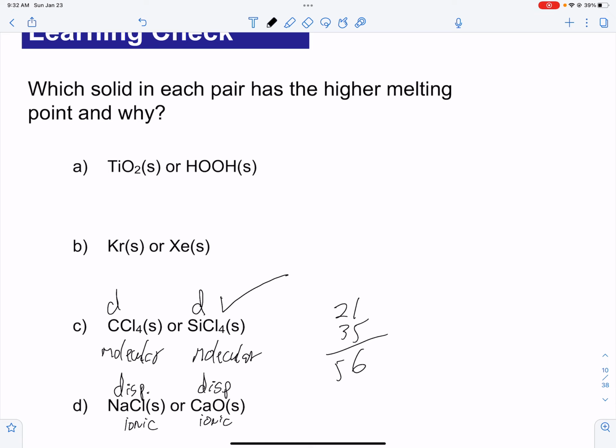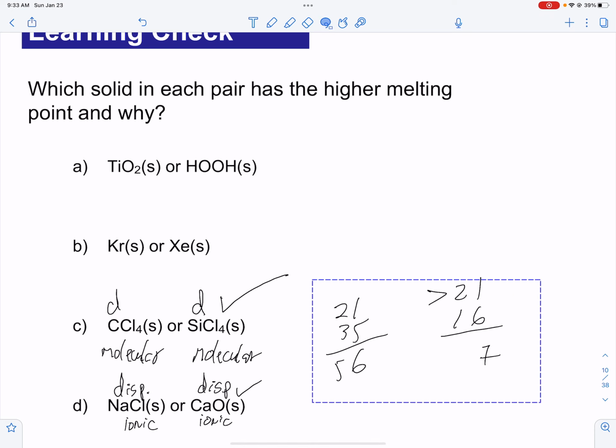Calcium is more than 21. Oxygen is 16. So this one is going to be a little bit more or so. So in terms of mass, I don't think we can really decide about these two.